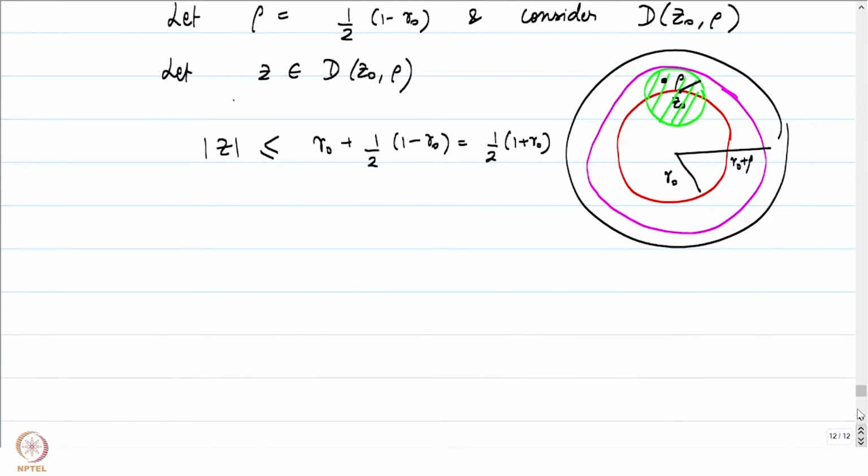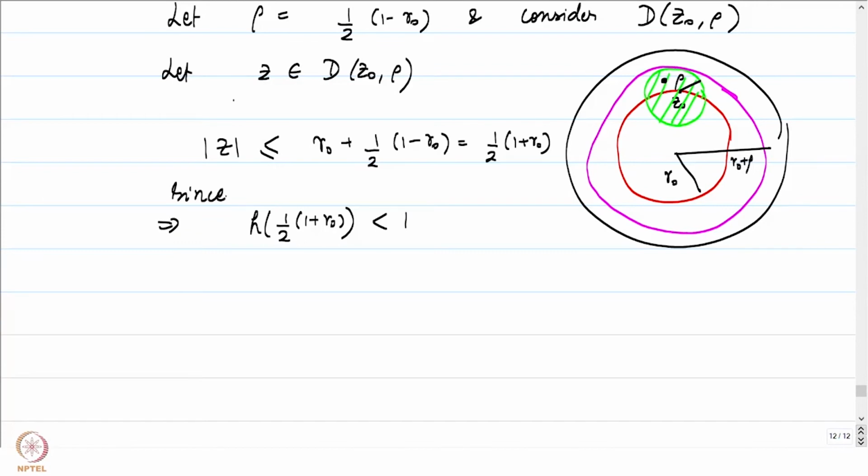So in particular, (1 plus r naught) by 2 is greater than r naught, and this tells us that h of half of 1 plus r naught is less than 1. That's precisely what our r naught was picked to be.